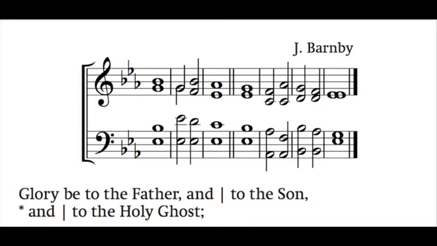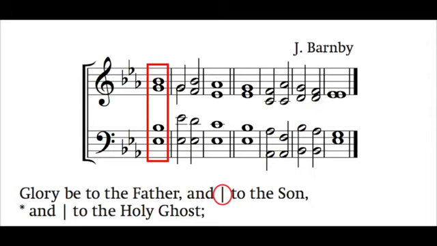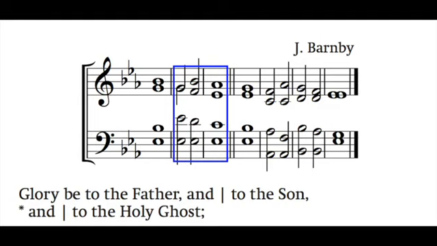Consider this example again. Glory be to the Father, and to the Son, and to the Holy Ghost. All the words before the vertical line are sung on the reciting tone, as we have learned. Glory be to the Father, and... Now we have reached the vertical line, which means we are done singing the reciting tone, and will now sing the notes of the first cadence.